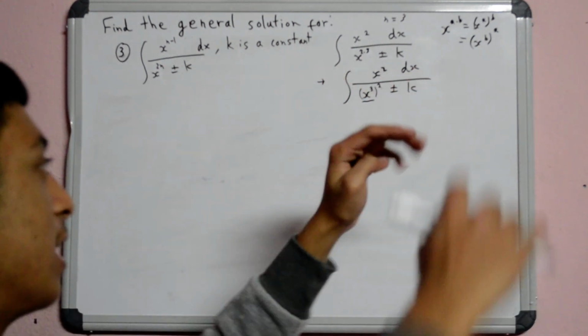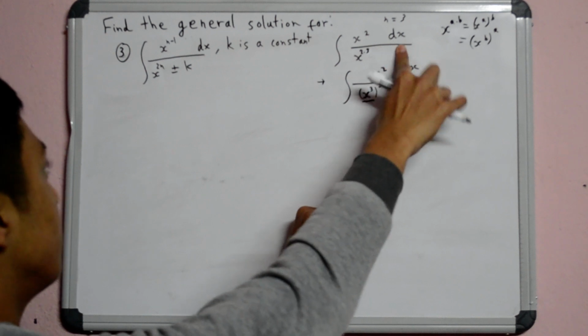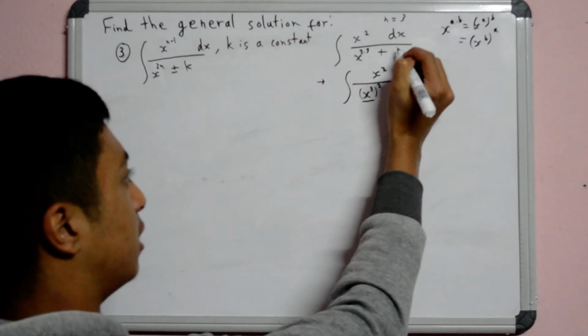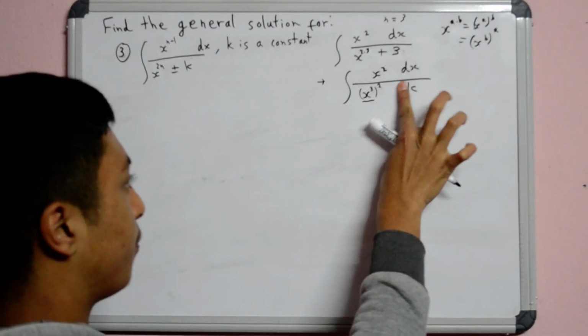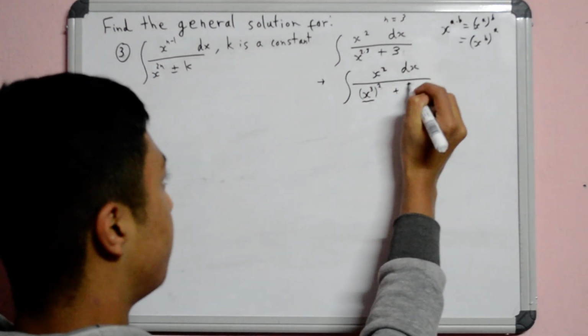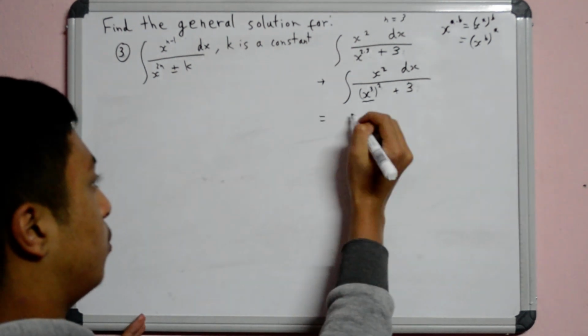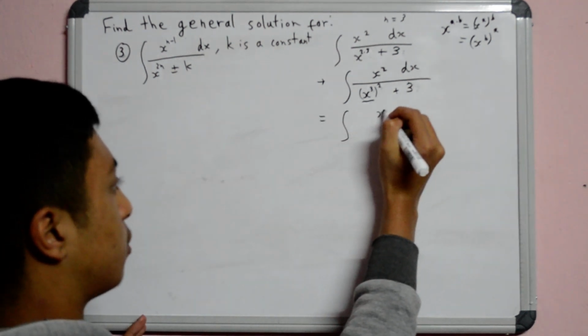Oh sorry, this is not an example. Well, it is, but I forgot to choose a constant. Let's choose plus 3. This is also plus 3. And this will be x square.